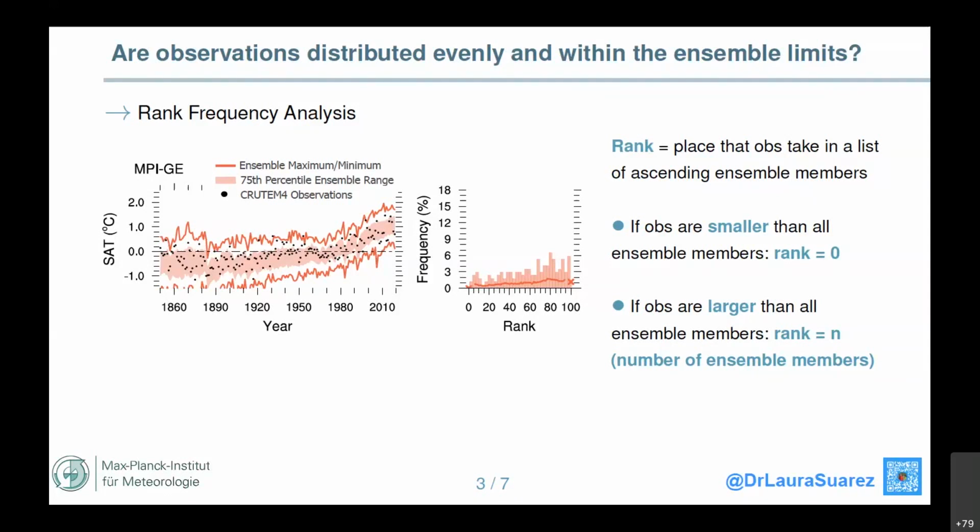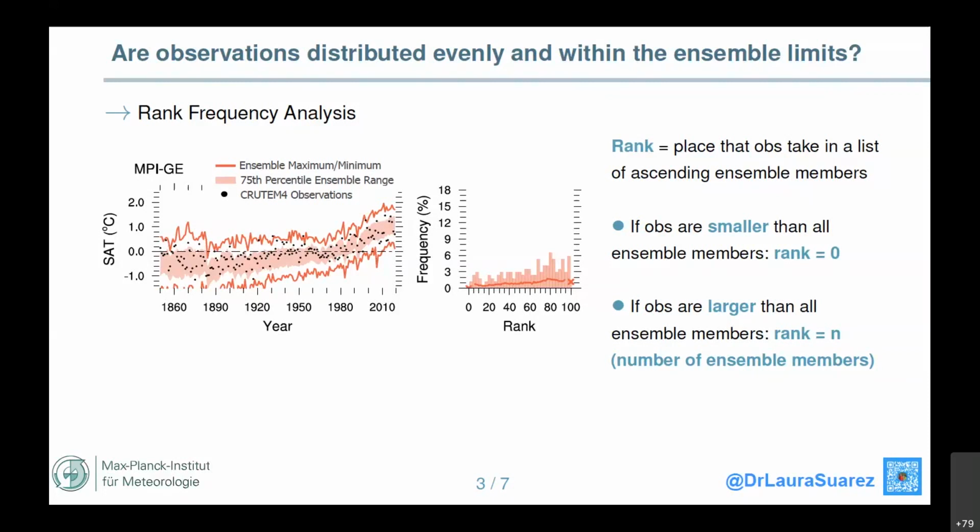So what is the rank? The rank is the place that the observations take in a list of ensemble members ordered by ascending SATs. If the observed temperature is smaller than the temperature simulated by all ensemble members in a given year, the rank in that year is 0.